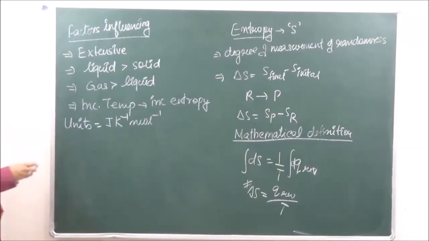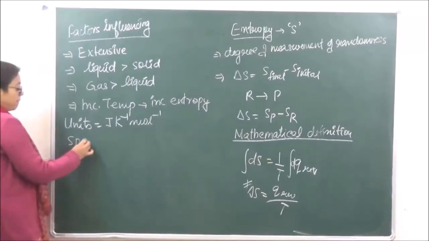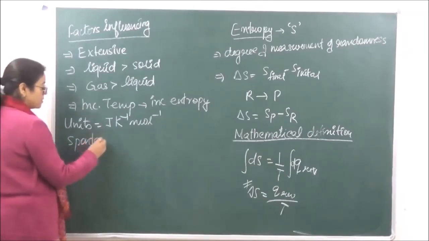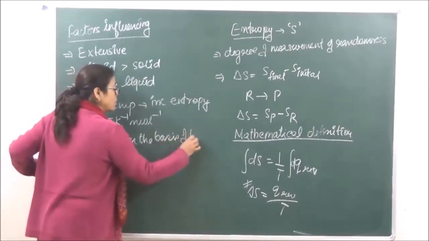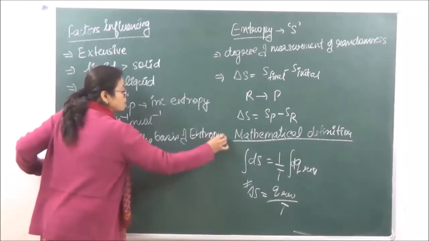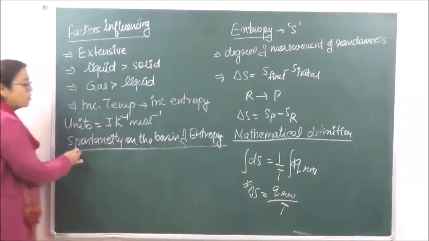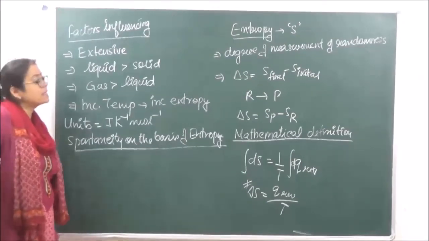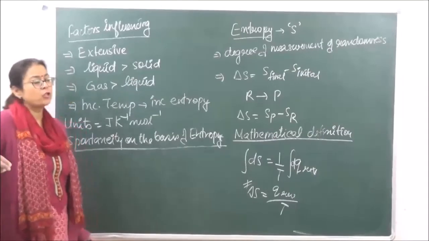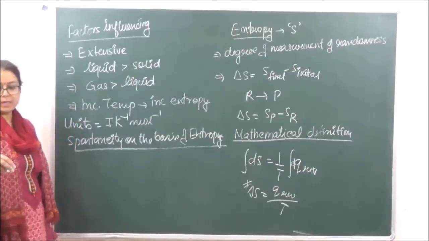Now let's understand spontaneity on the basis of entropy. Mixing of gases increases randomness, as we just said, and diffusion of gases is where randomness is going to increase.